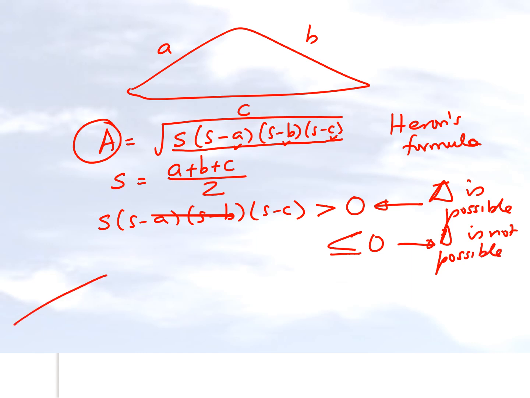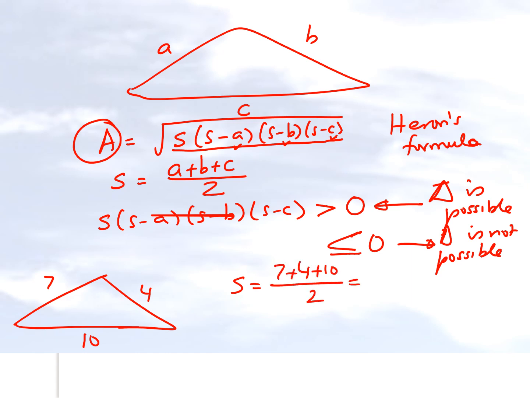So if we go back to the example, let's take a different example, 7, 10, and 4. Then in this case, S will be equal to 7 plus 4 plus 10 divided by 2, which is 10.5. But if you look at what's under the radical sign, what is it?